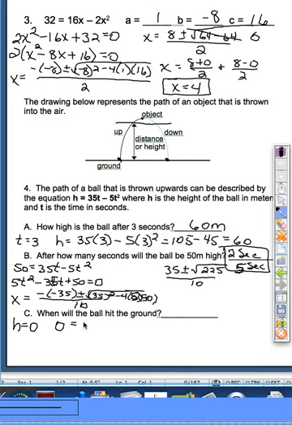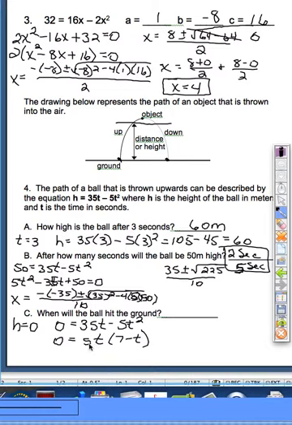And so that's going to be 35t minus 5t squared. Well, we don't have a constant term. We can factor this pretty easily. We can factor out a 5t, and that's going to leave me with 7 minus t in parentheses.